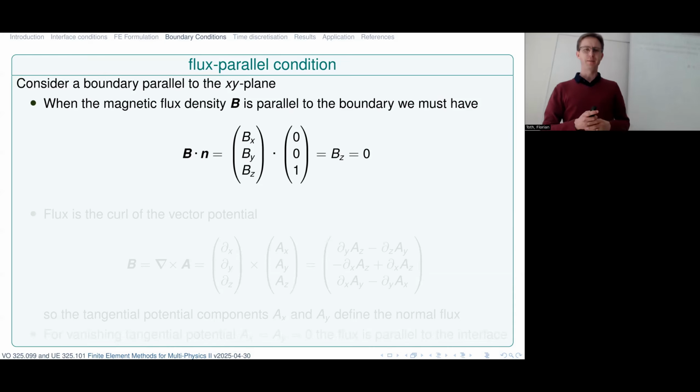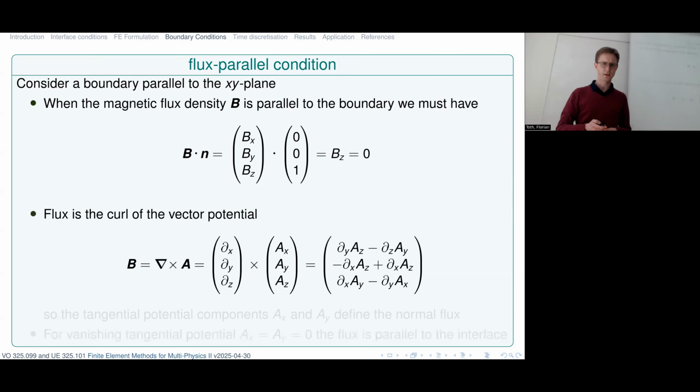Here we have the magnetic flux density B that should be parallel to the boundary. So the inner product with the normal vector must be 0. In this case, we have the condition that it is parallel. And to enforce this condition, the normal component Bz, of course, needs to be 0.